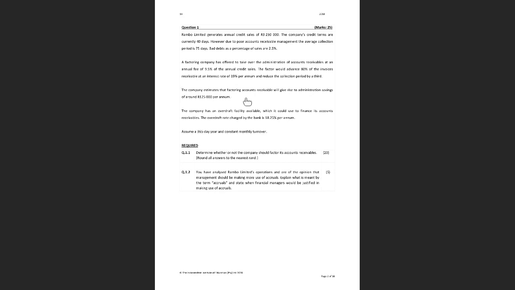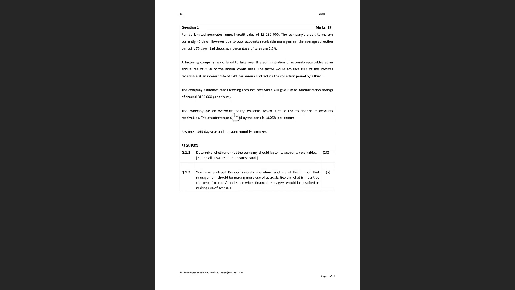And the company estimates that factoring accounts receivable will give rise to admin savings of around 125,000 per annum. So they'll obviously have extra costs, which will be the interest rate and the factoring fee. They will then have reduced costs in terms of admin savings and the reduction in carrying value of their receivables due to the decrease in the collection period.